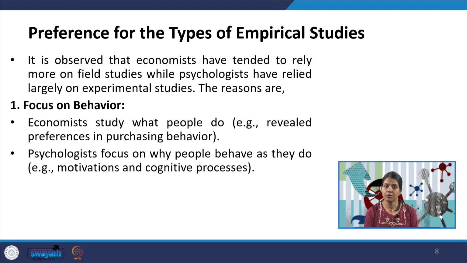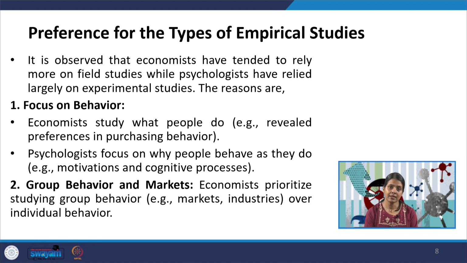Psychologists, on the other hand, focus on why people behave as they do. So, they try to understand the motivation and the cognitive processes behind any particular activity or act. The second reason is group behavior or markets. Economists prioritize studying group behavior, for example markets and industries, over individual behavior.